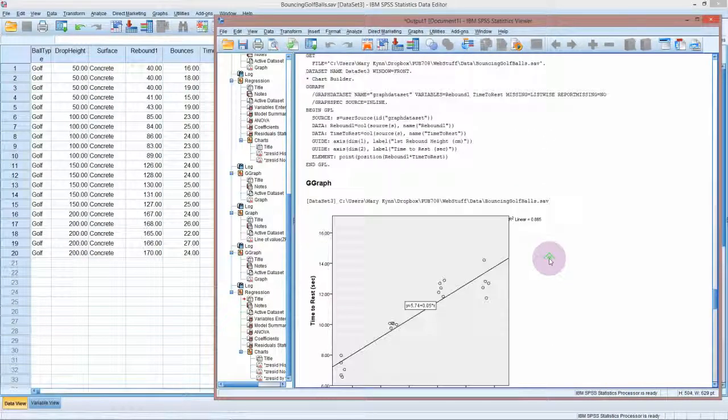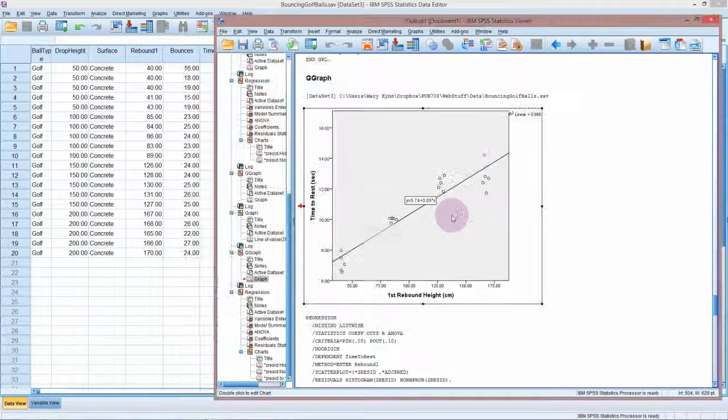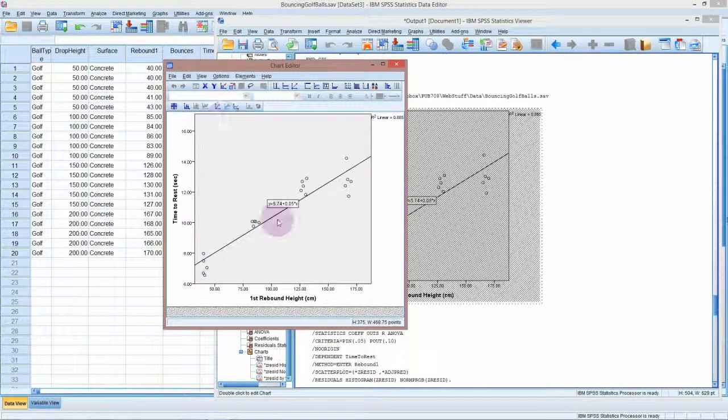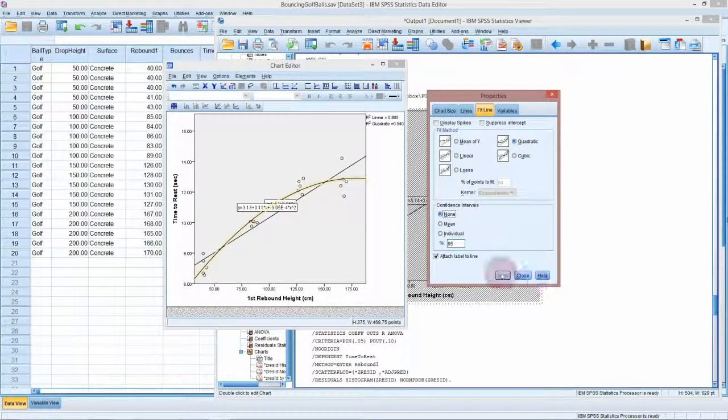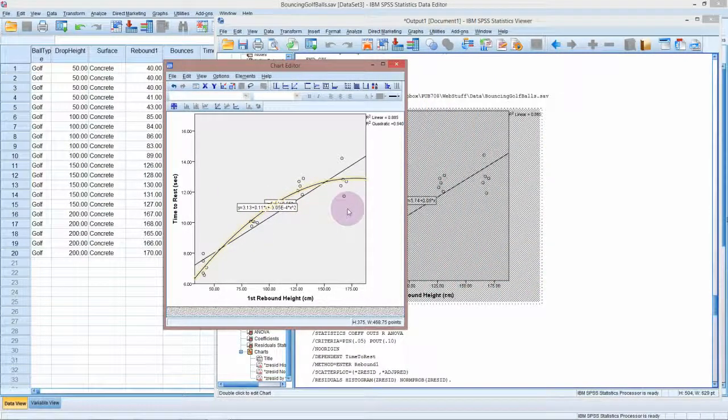Now what we can do is, here we put in, if I double click, a straight line, but if I go back to that and ask it to put in a quadratic line, which is a simple curve, if you remember back to high school mathematics, this is just adding a squared term in. Apply, close.